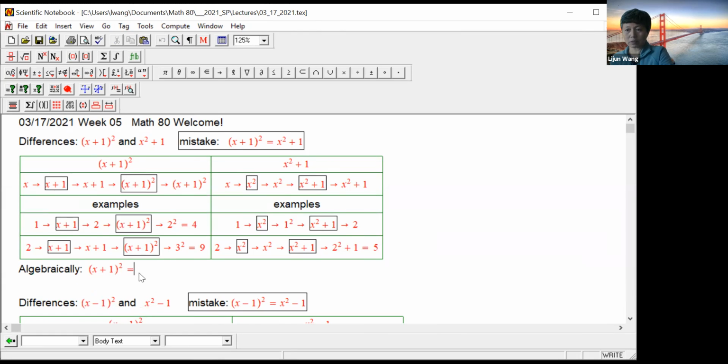Could you guys FOIL this? What do you get? FOIL that.